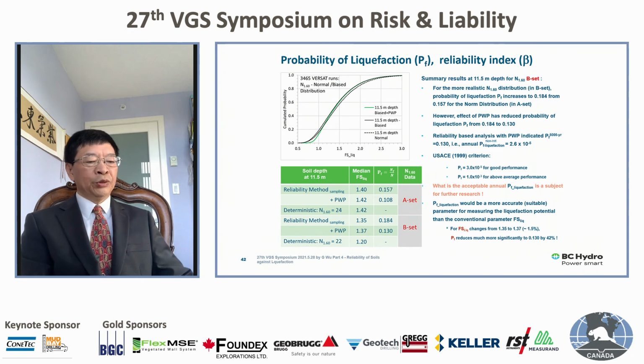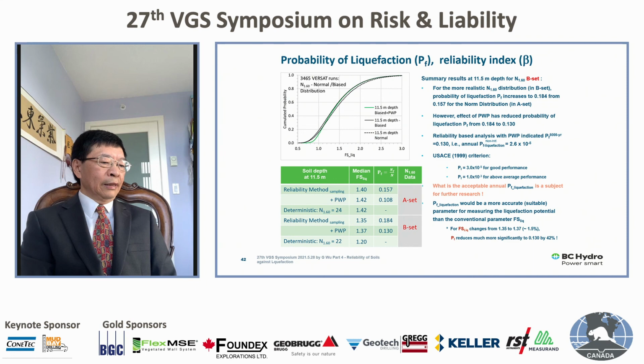I will have just 2 slides to go over. This next slide is quite a complicated slide, so I will leave it to you to read, and if you have questions, you can ask me. Basically, the figure on the left shows the 3 scenarios which I presented. The dashed black is the normal distribution, and the solid black is the biased distribution.